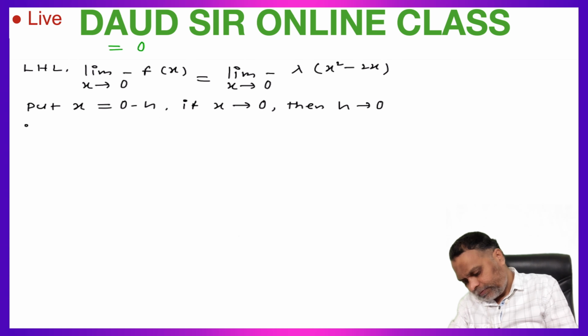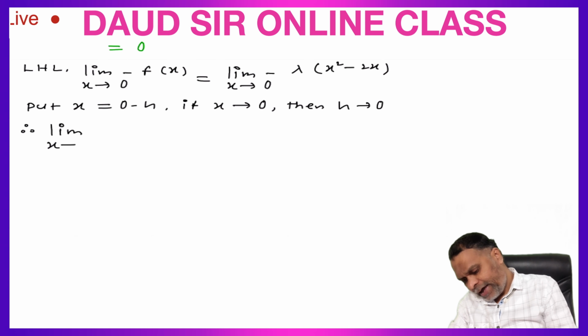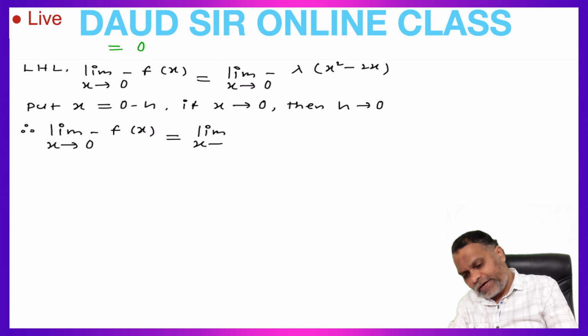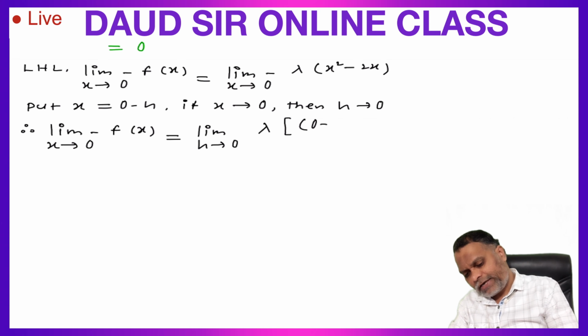Therefore, the left hand limit limit x tends to 0 minus f of x is equal to limit h tends to 0 of lambda into (0 minus h) whole square minus 2 into (0 minus h).